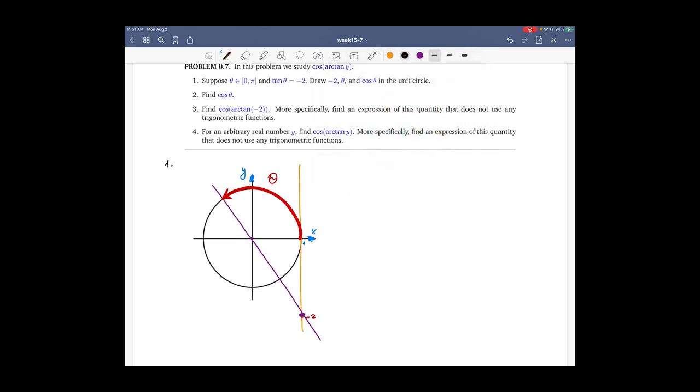Note, by the way, that immediately it becomes clear from this picture, it's an interesting fact that's worth noting, that since tangent theta is -2 and theta is in 0 pi, it follows, see the picture, that in fact theta is in pi over 2 pi, i.e. theta is in quadrant 2.